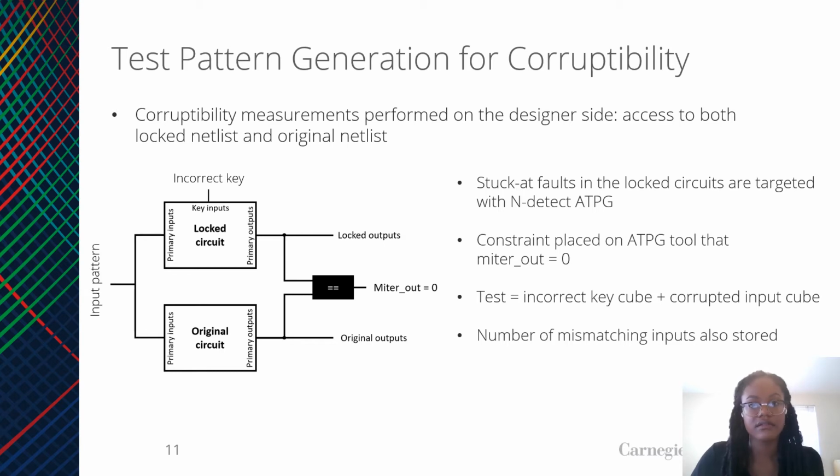Also, we use the term key cube and input cube to refer to test patterns that have X's, or do not care values. For each generated test, the number of mismatching outputs is also stored, and this is obtained by comparing the outputs of the locked netlist and the original netlist from the generated test.